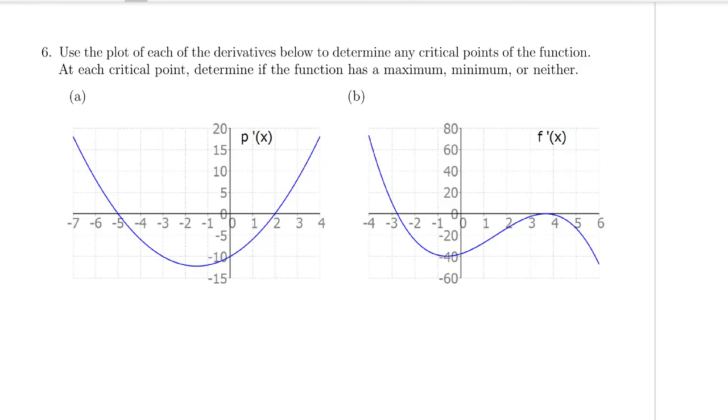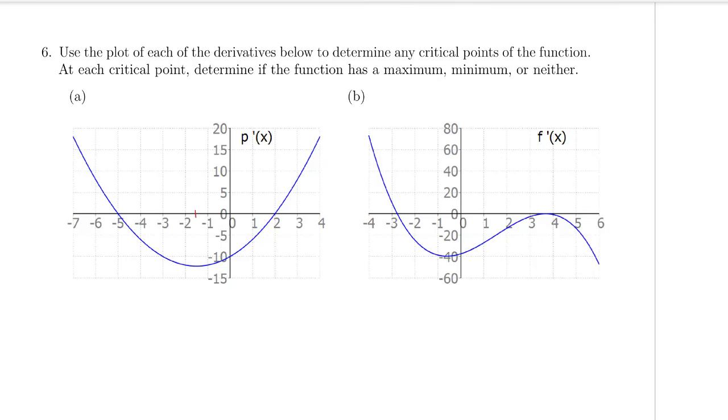So your eye may be drawn to this place at about -1.5 because that looks like a minima, right? And it is a minima, but it's a minima of P prime, right? That's the plot that we have. So be careful because that's not a minima of the function P, it's the minima of the function P prime.